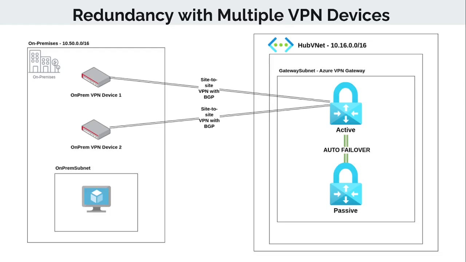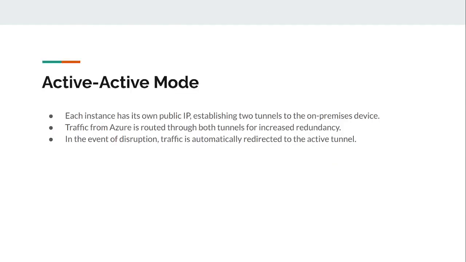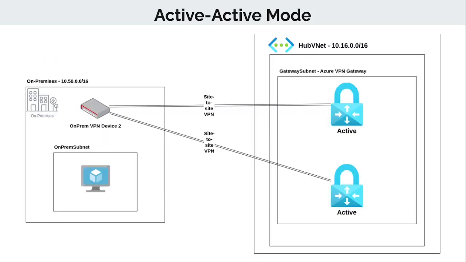Now let's move to active active mode, which offers increased redundancy and availability. In active active mode, both VPN gateway instances actively handle traffic. Each instance has its own public IP address, and both instances establish simultaneous VPN tunnels to your on-premises VPN devices. Here's where it gets interesting.